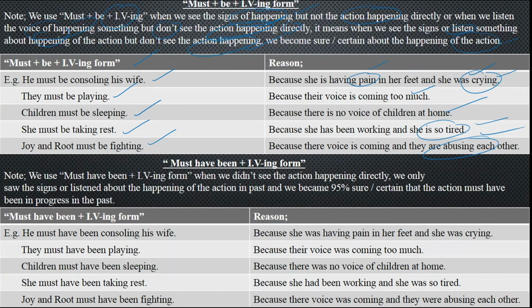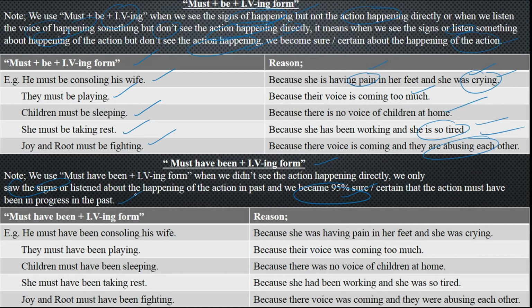Must have been plus the ing form of the verb. We use must have been plus the ing form of the verb when we didn't see the action happening directly. We only saw the signs and listened about the happening of the action in the past, and we became 95% sure that a certain action must have been in progress in the past.